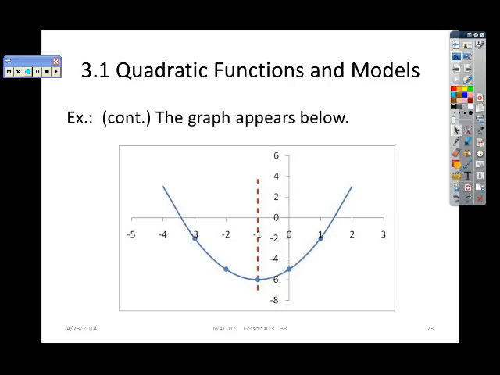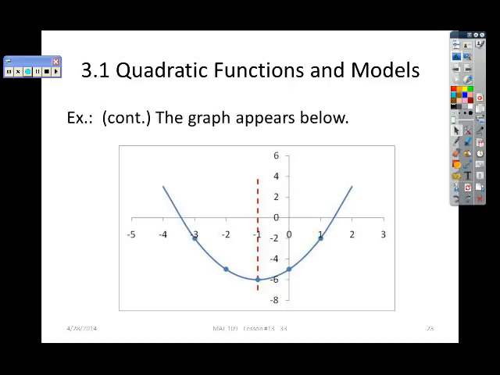Remember, through the vertex you have an axis of symmetry. If you know where that vertex is, that's an important point to get an accurate plot of the parabola, so you need that vertex. Once you have it, you also know that axis of symmetry. If you're trying to graph this parabola, because of symmetry, if I calculate a point over here, I automatically have a corresponding point over here.